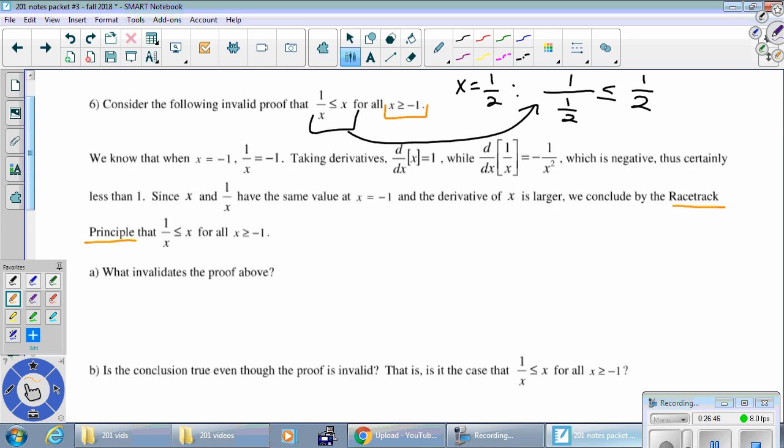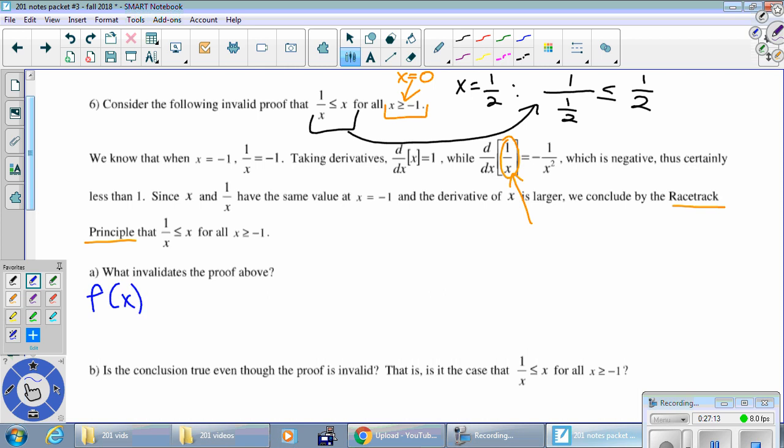And one of the functions we're talking about is this function right here, 1 over x. Is that function differentiable everywhere when x is bigger than or equal to -1? Well, it's got division, and I know I can't divide by 0, so clearly x equals 0 is a problem for this function. But x equals 0 is right there in this interval. And so that means that the racetrack principle simply doesn't apply.